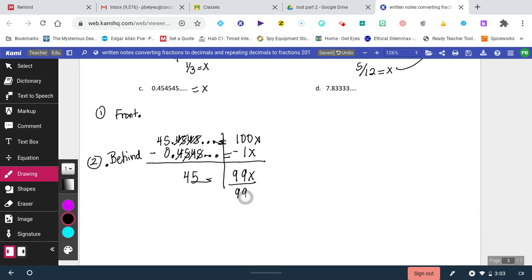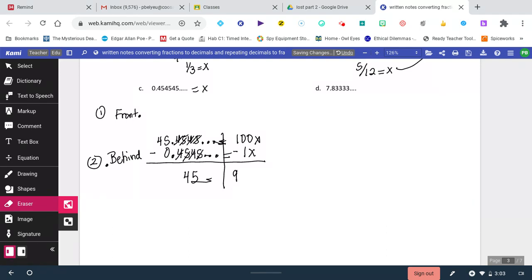Divide both sides by 99. Okay, I don't know why it's doing it. Okay, but we're going to erase it. Let's undo. I'm even going to get rid of that bar with a 45 because I don't like it.